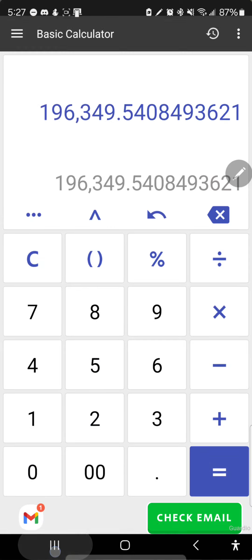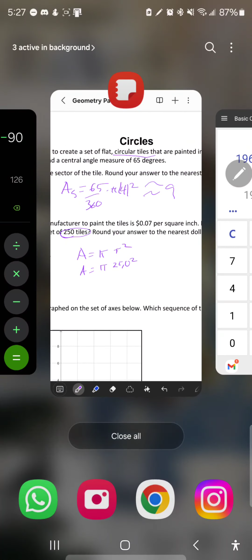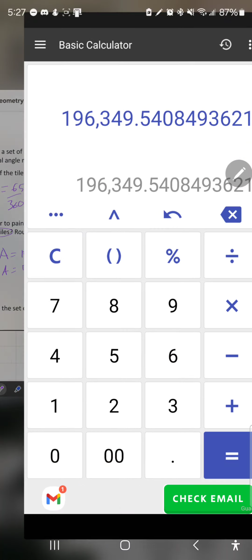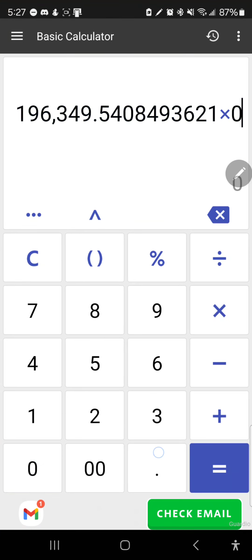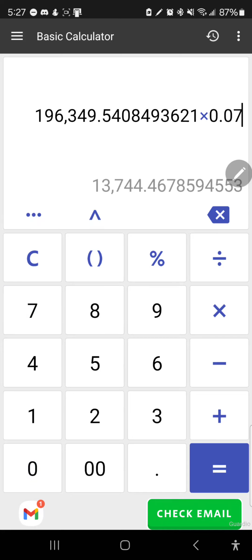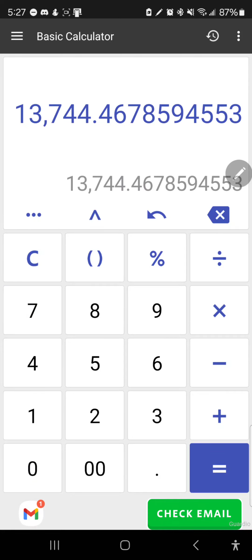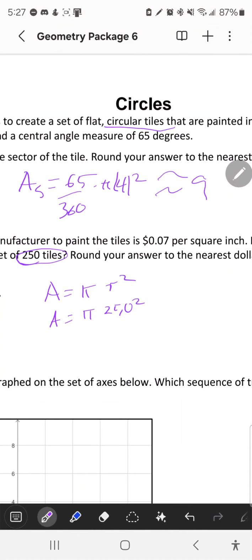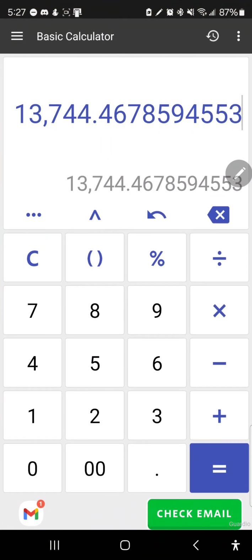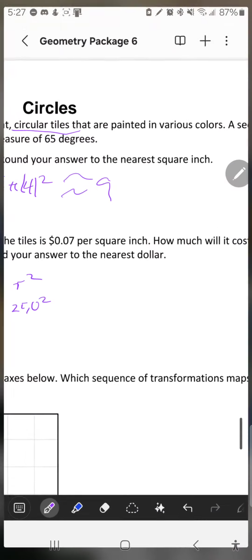This big number. And now each square inch is 0.07, so you're going to multiply it by 0.07. And we got about $13,000. And we need to round to the nearest dollar. So 4 is less than 5, so it will be 13,744.